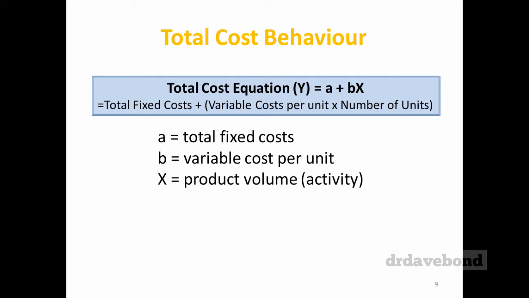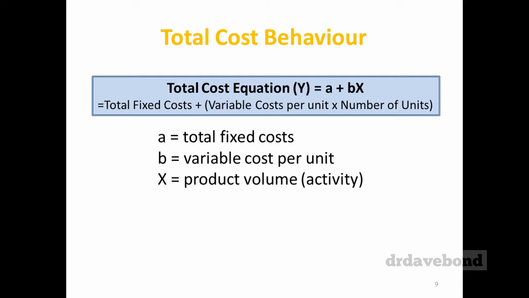Now we've just broken down total costs into the variable components and the fixed components. So to get profit, we have revenue minus total fixed costs minus total variable costs.